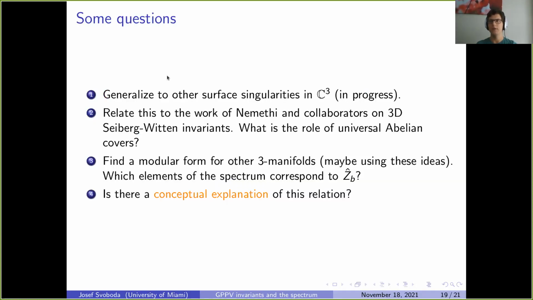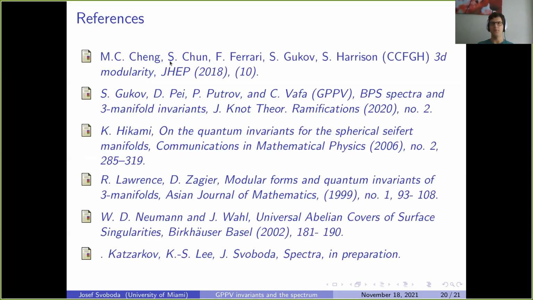So in this paper, they try to find these modular forms for other three manifolds. This works very nicely for manifolds which look like x cubed plus y to the 4 plus z to the 5. So the singularities are of this diagonal form.